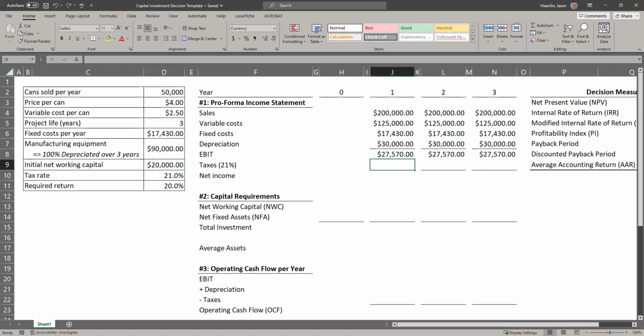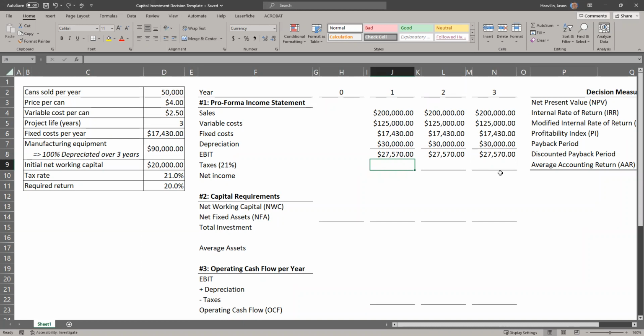Taxes is 21%. And we have that piece of information here, the tax rate. So if you take your EBIT, now I should mention this. The reason we're going from EBIT to taxes is because there's no information about any money borrowed. So there's no interest payment. So this is the same as saying EBIT minus 0 interest.